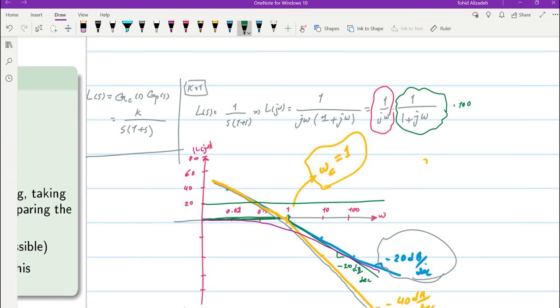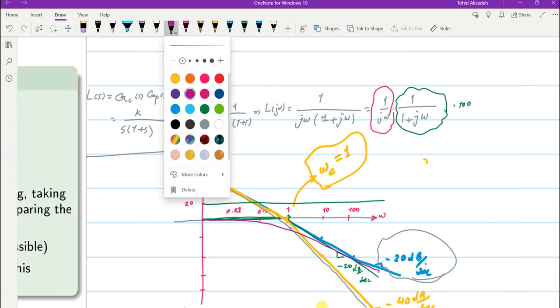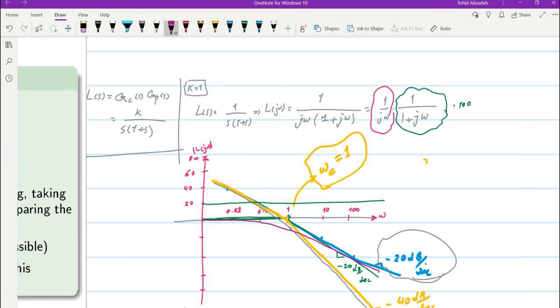As a result, the approximate Bode plot that we may have for this system will be like this. The phase will remain the same because we are not changing the values for the phase, but in terms of the gain, it will move by 20 decibels upwards.